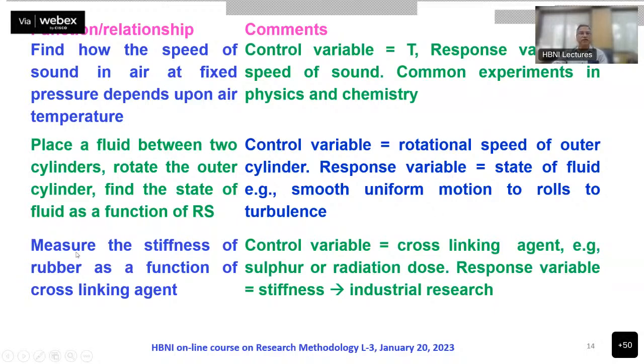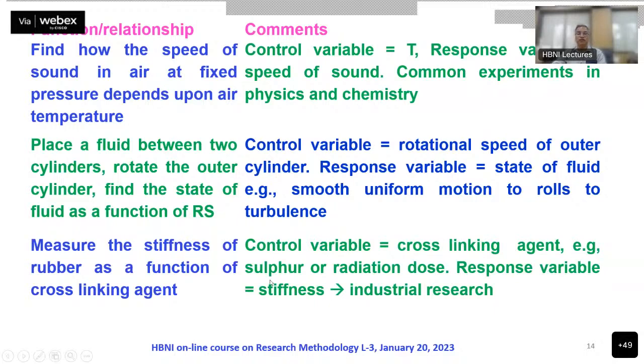Similarly, measure the stiffness of rubber as a function of cross-linking agents. See, rubber is toughened by using sulfur. So it's called vulcanization of rubber. Or you can even use radiation dose to strengthen the rubber. Otherwise, rubber is a very soft material. So the control variable is the cross-linking agent.